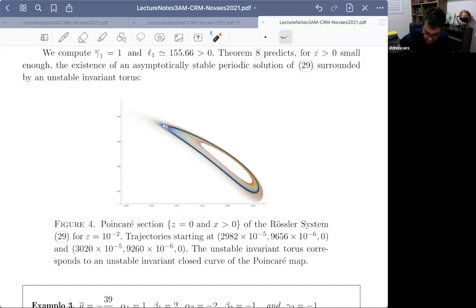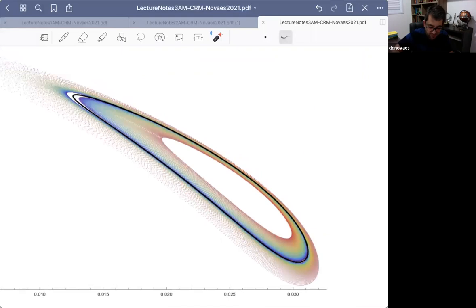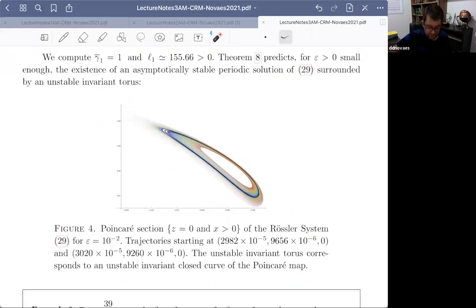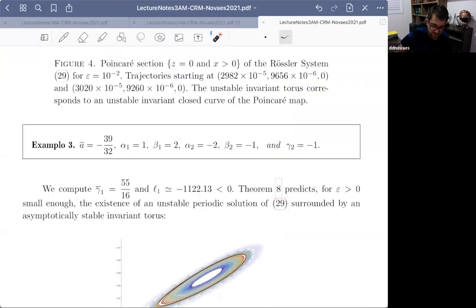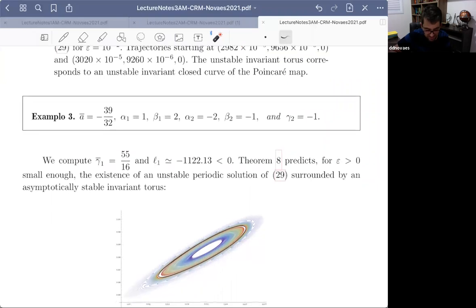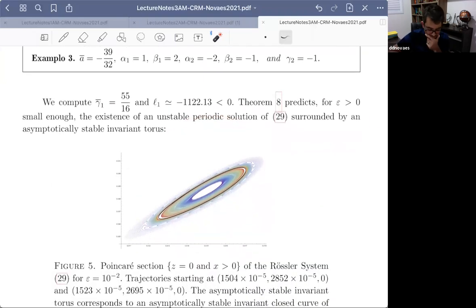And this invariant curve in the Poincaré map corresponds to an invariant torus of the vector field. This is just another example for some concrete values of the parameters. We also have the existence of an invariant torus here.